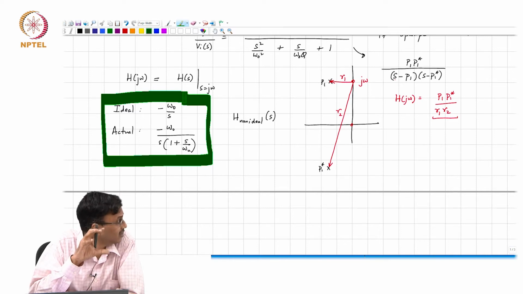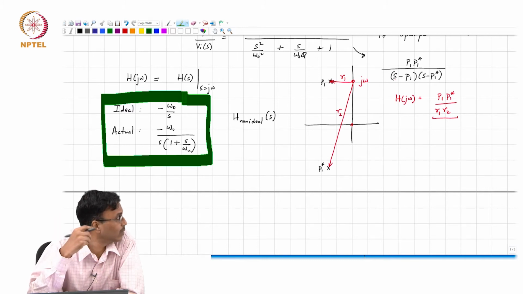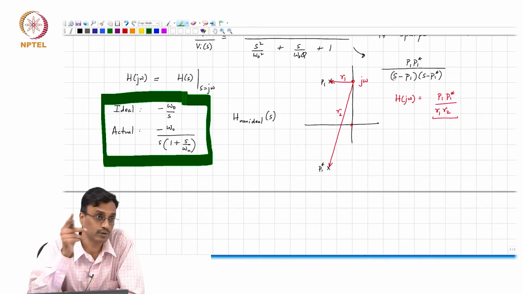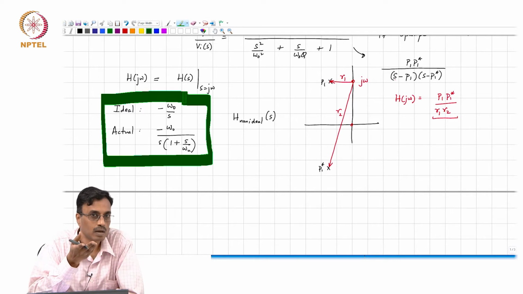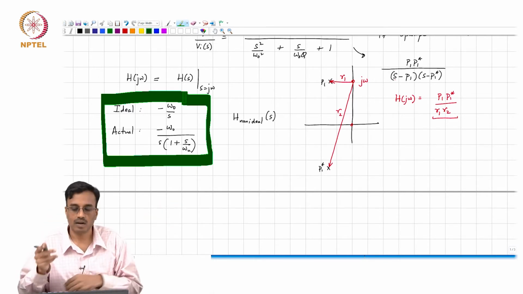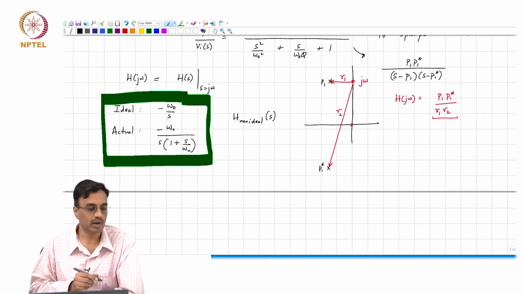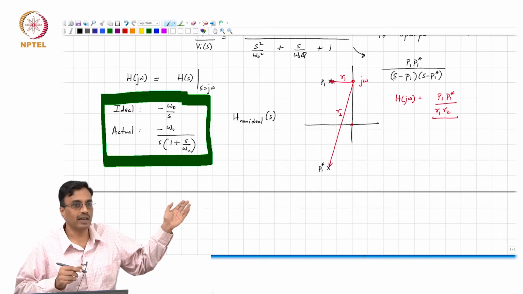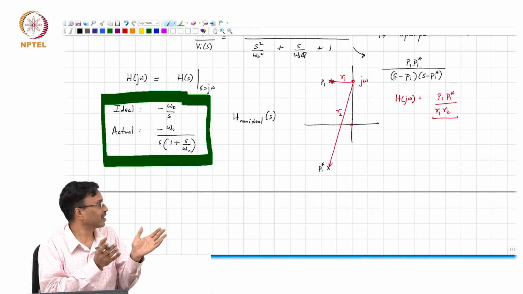All that we have done is replace the ideal integrator with a non-ideal one. So the question is, is there a simple way of figuring out what the non-ideal transfer function will be in terms of the ideal? Well, all that we are doing is replacing omega naught by s with omega naught by s times 1 plus s by omega u.